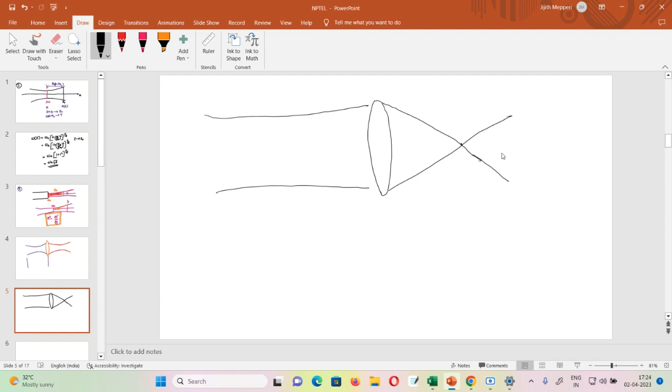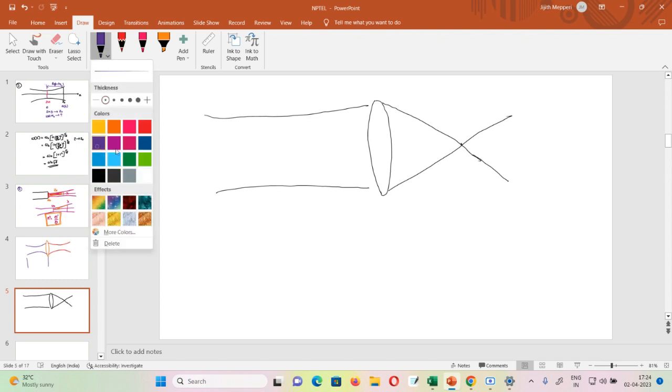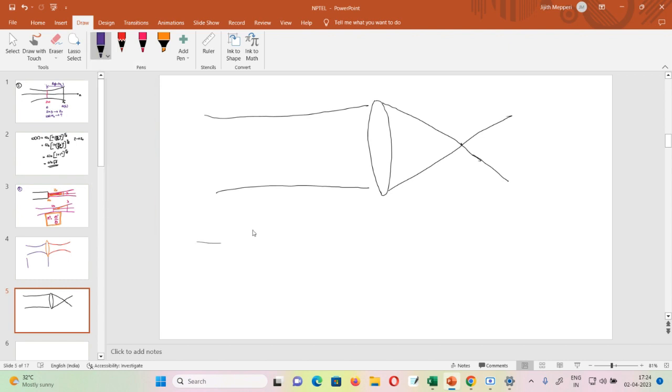But now think that this is not a parallel beam and this is a particular class of beam called a Gaussian beam. So what will happen in the case of a Gaussian beam? Whatever beam is coming will be Gaussian in nature. So the beam itself has a focusing tendency.